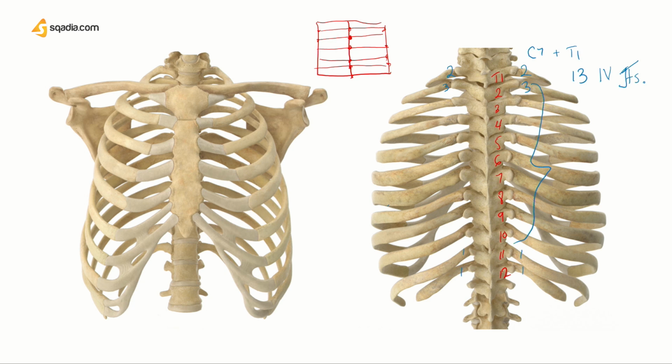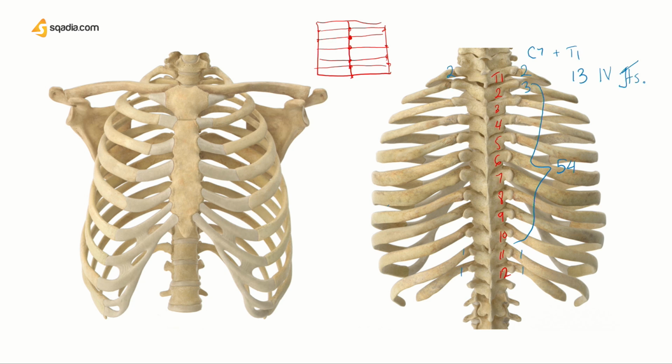That gives us a total of 18 ribs with 3 joints. 54. So you have 54 on both sides, because you have 9 ribs on one side, 9 ribs on the other.